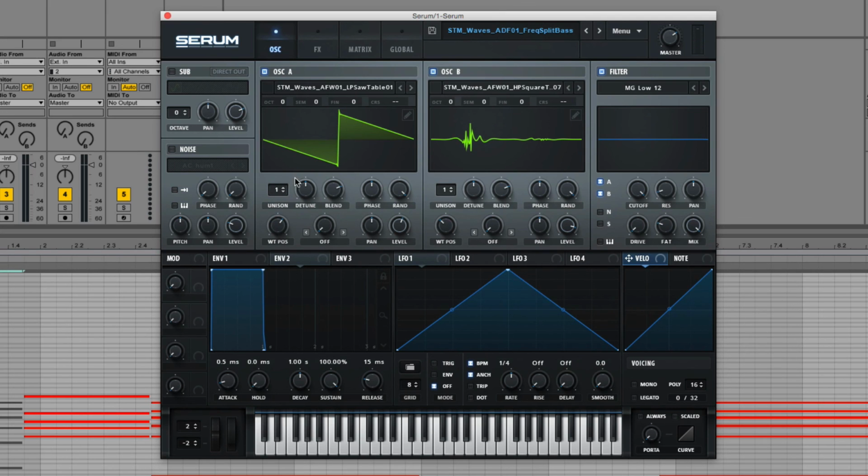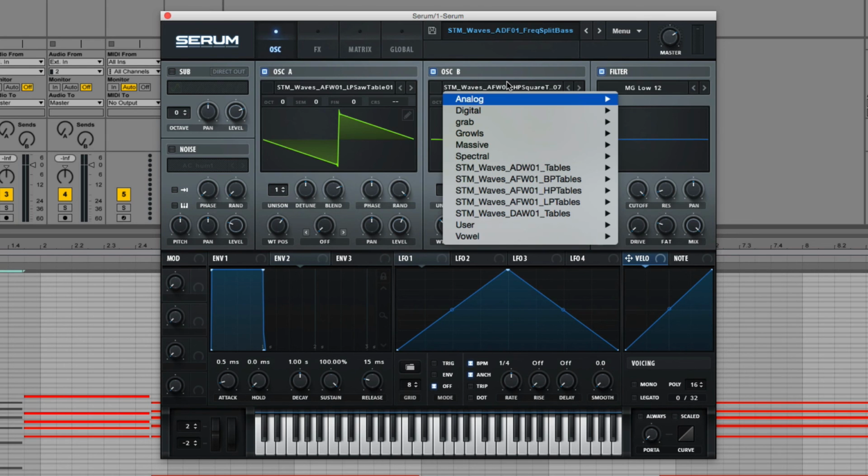And you can easily control how many or how much of the harmonics you want of each one of these waves. And if you don't like this high end, you can switch it out.